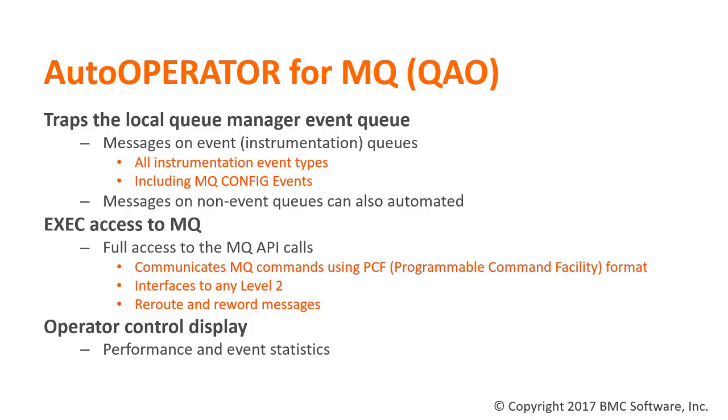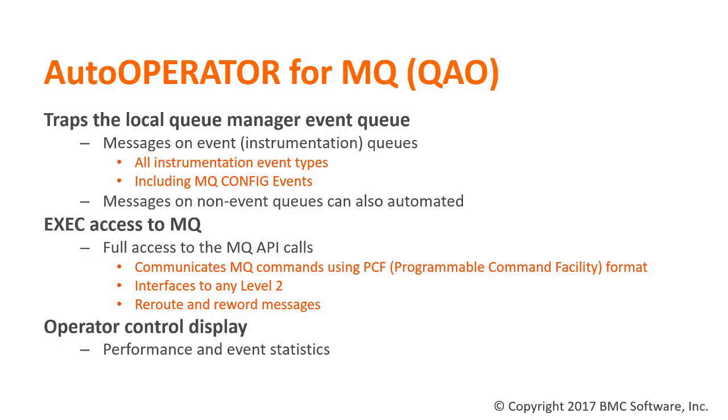The AutoOperator for MQ solution, or QAO, provides automation for the z/OS MQSeries environment. AutoOperator for MQ can see and automate messages which are placed on the MQ event instrumentation local queue.